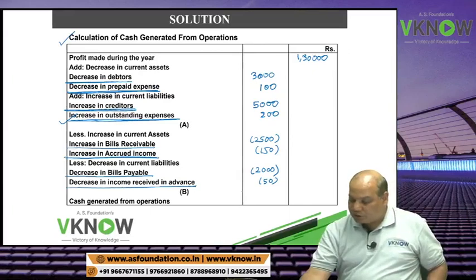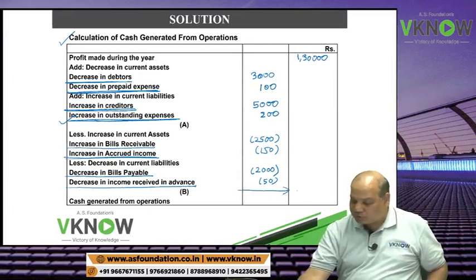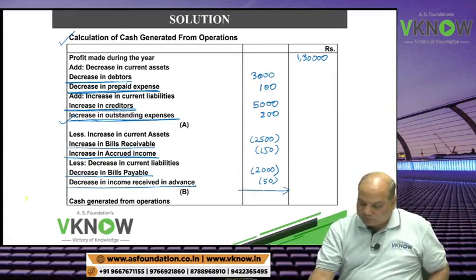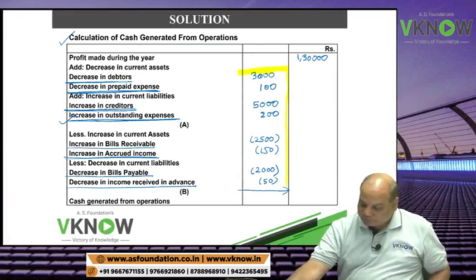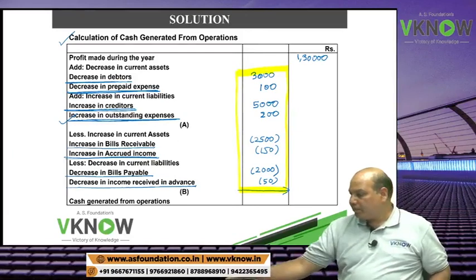Now please tell me the total of this entire thing in the outer column. Student will take total from 3,000 till 50, plus minus.